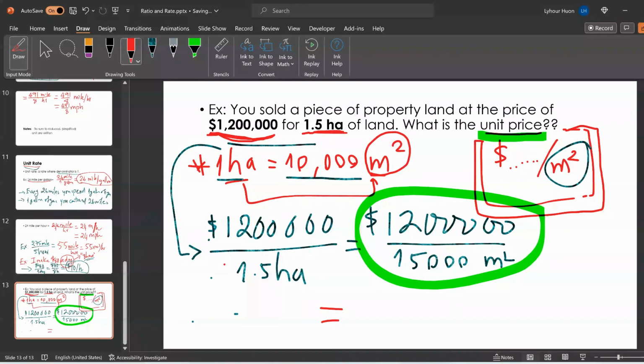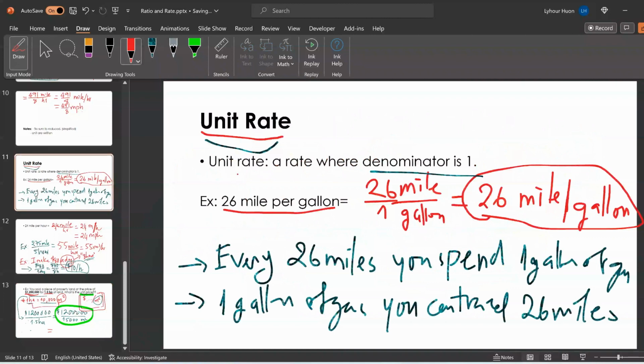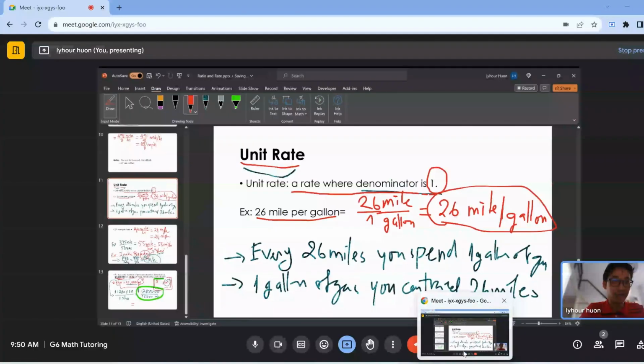We only want to find the unit rate. Unit rate is where the denominator is 1.